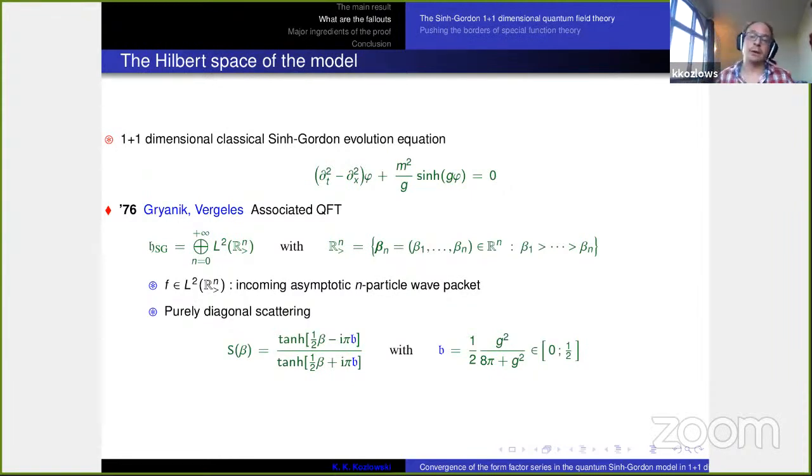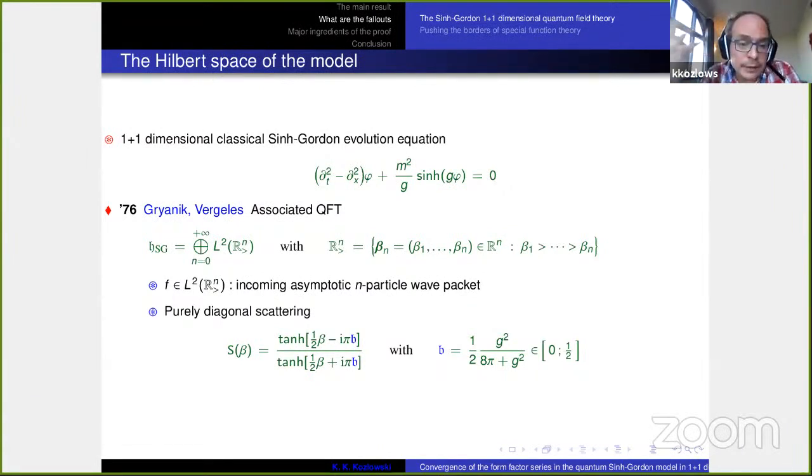The reason is that this model is classically integrable, and if one assumes that on the quantum level you still have infinitely many conserved charges, as in the classical case, then the presence of infinitely many conserved charges strongly constrains scattering in such a theory, but still doesn't render it trivial, as would be the case in dimension higher than 1.